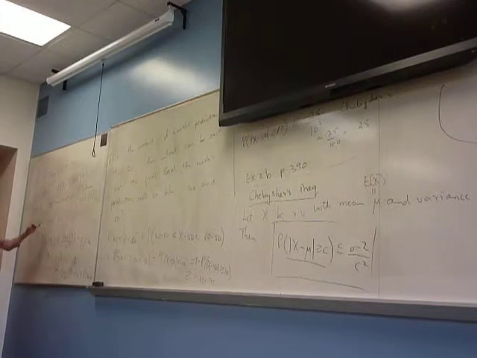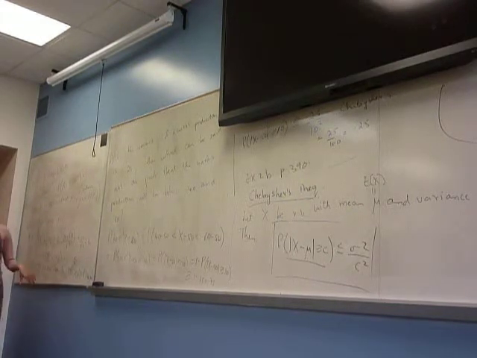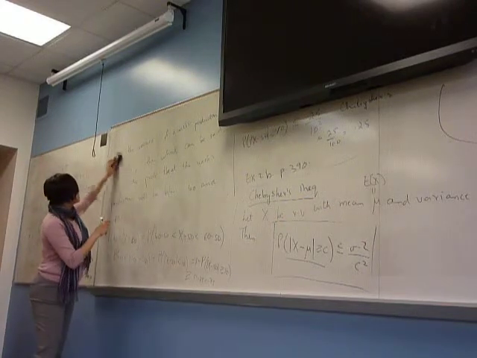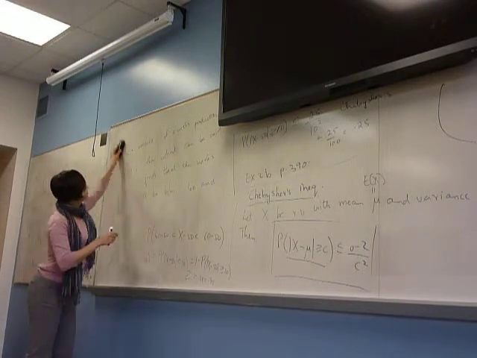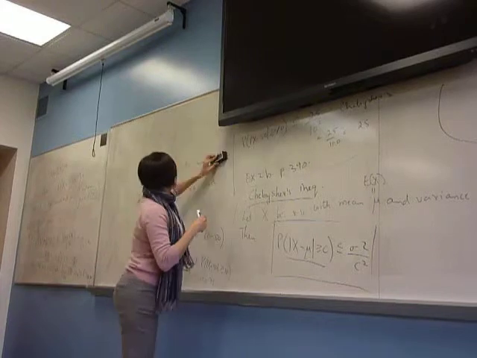So I know that no matter how small I make epsilon, the probability that x minus mu is greater than epsilon is always 0. So x is always within epsilon distance of mu. I can shrink epsilon, and then I get that x can only be mu.